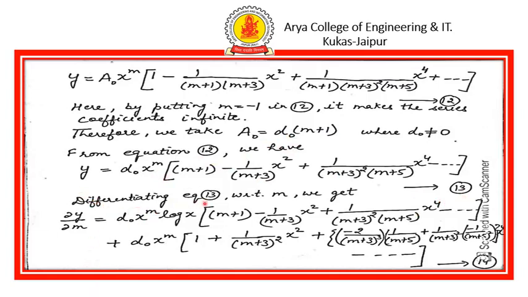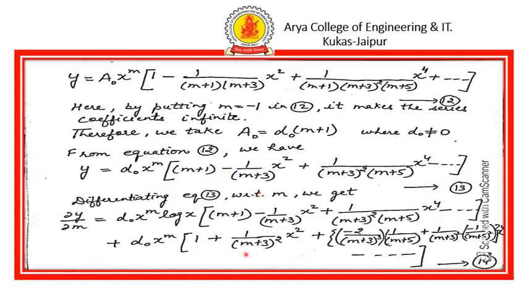Now, differentiating equation number 13 with respect to m, we get del y upon del m. Here in equation number 13, we apply the product rule for differentiation. Here is the term x to the power m. The differentiation of x to the power m is x to the power m log x, and the bracket term remains as it is, plus d0 x to the power m as it is, and we take the differentiation of the bracket term. The differentiation of m plus 1 is 1.